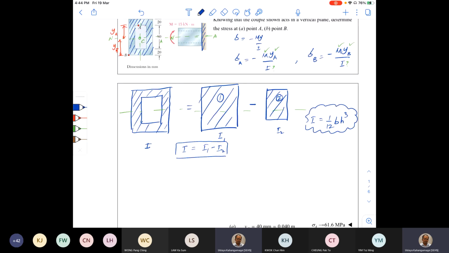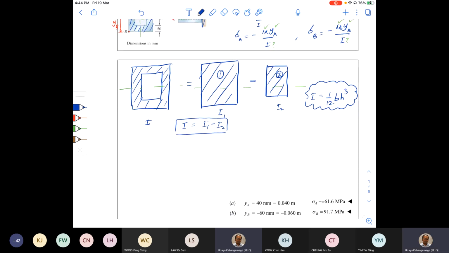Knowing those two, we can now find the I of the total section, right? So I is equal to, I would write this way, 1 over 12 B1 H1 to the power 3 minus 1 over 12 B2 H2 to the power 3.